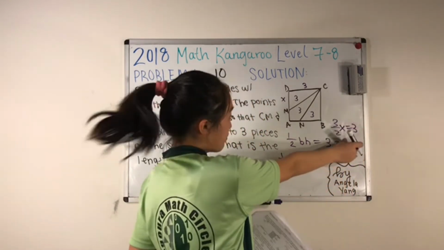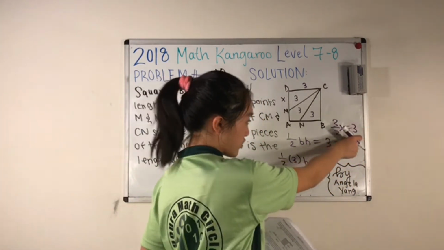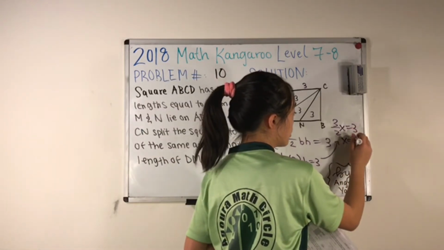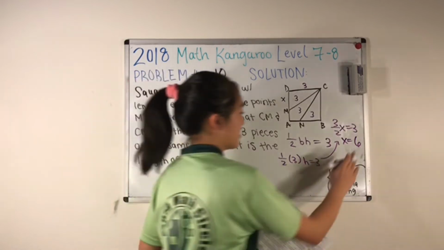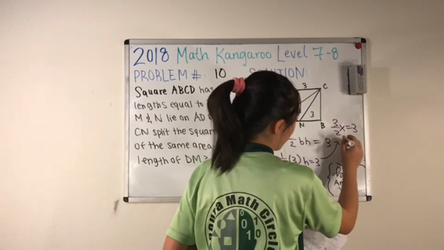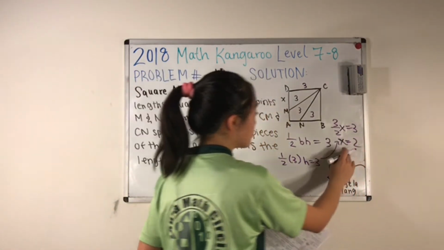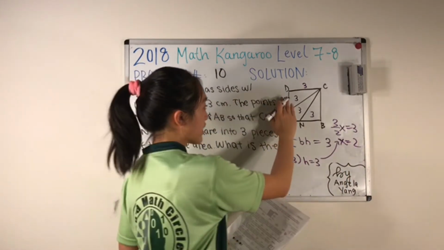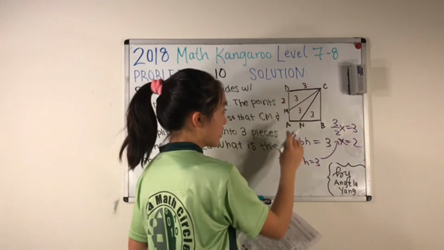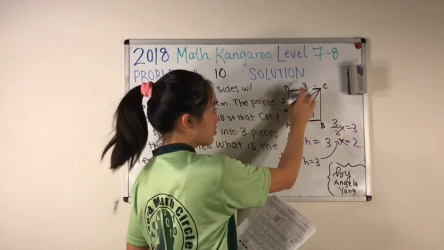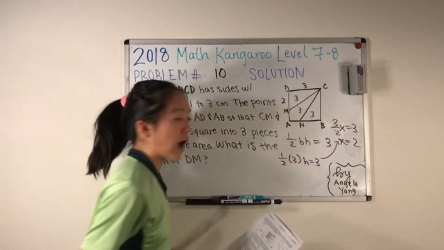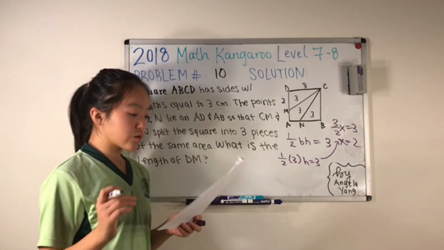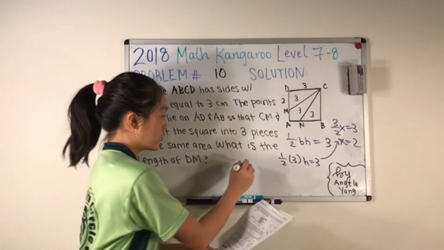So if we divide both sides by 3 over 2, we get x equals 2. Which is true because if we check x equals 2, we have this right triangle, so 2 times 3, which is 6 divided by 2, would equal 3. So our answer is correct. So the correct answer is D, 2 centimeters.